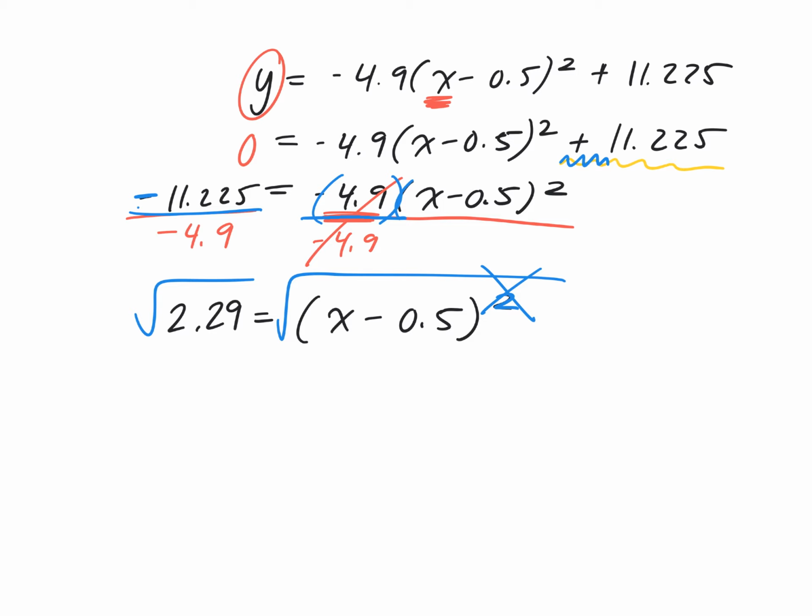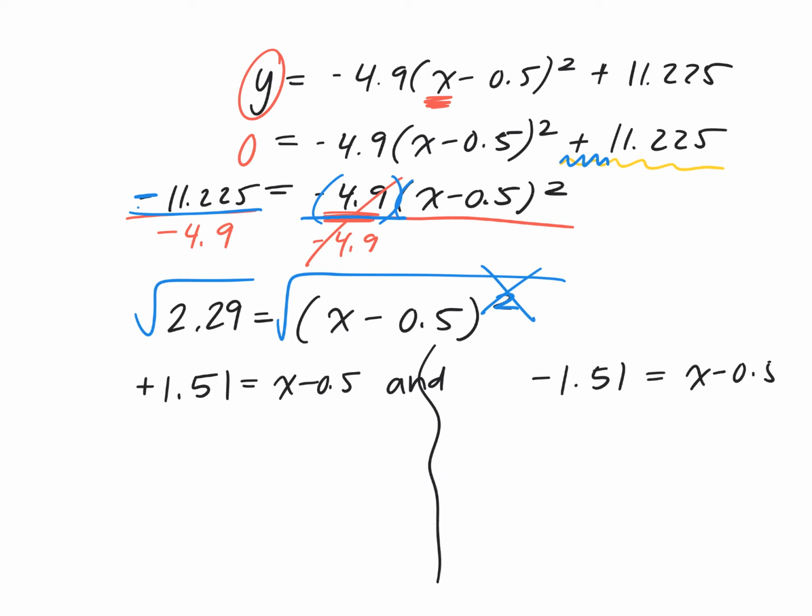So what's the square root of 2.29? 1.51. So the square root of 2.29 is positive 1.51 and negative 1.51, right? Remember, a square root always has two answers. So positive 1.51 is equal to x minus 0.5, and negative 1.51 is equal to x minus 0.5.